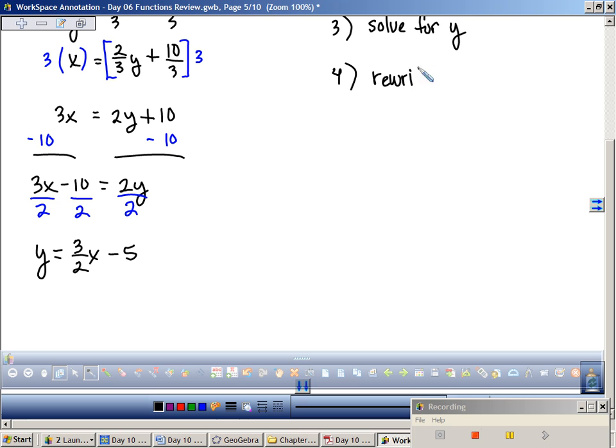Rewrite it again in the function form, but it's not just a function anymore, it's the inverse function. So this would be f of -1 of x, inverse function of x, equals 3/2 x minus 5.